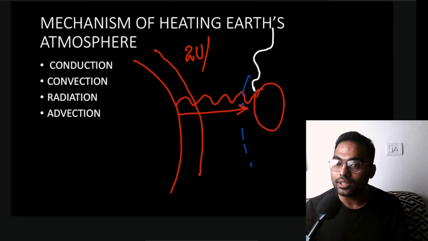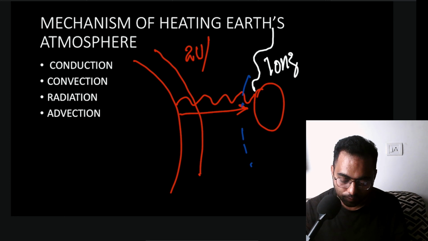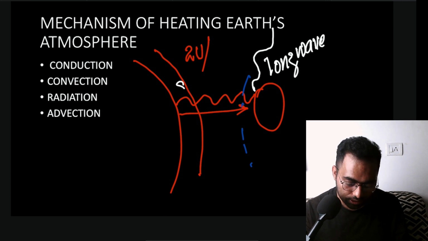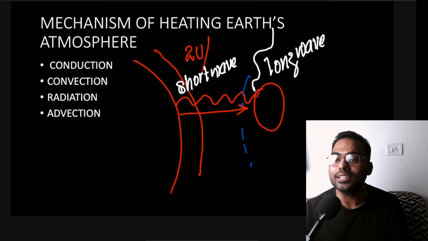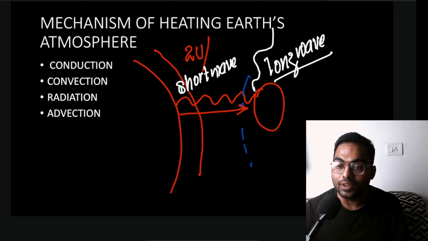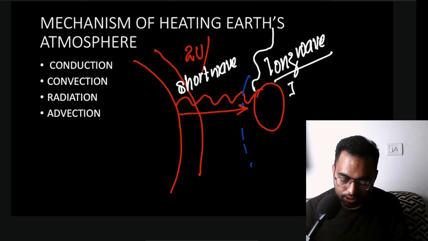So we'll call it long wave. And that coming from the sun is short wave, right? So what Earth radiates is long wave, and generally it falls under the infrared.